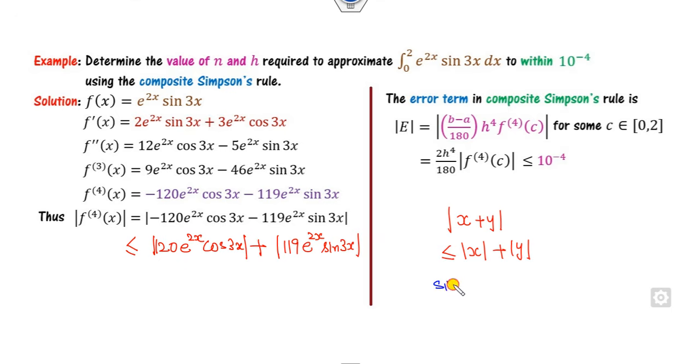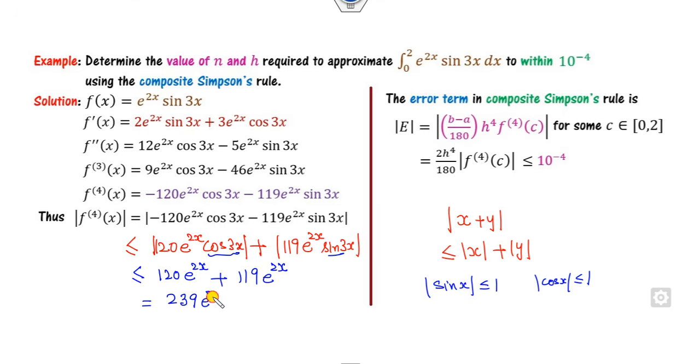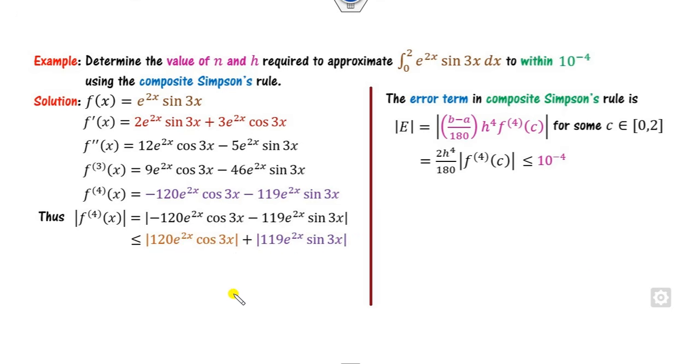Also we know that the mod of sine x is less than or equal to 1, mod of cos x is less than or equal to 1. So this number is less than or equal to 120 e raised to power 2x. This number is again less than this, e raised to power 2x. So this number is nothing but 239 e raised to power 2x.